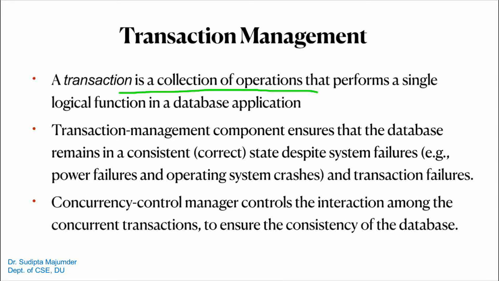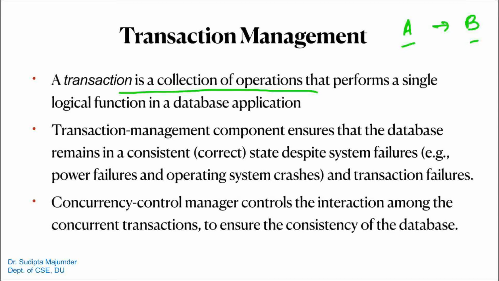Say, for example, A is transferring some amount to B. Deducting the money from A's account and adding that amount to B's account can be called a transaction. And this transaction includes two operations, that is, deducting and crediting.